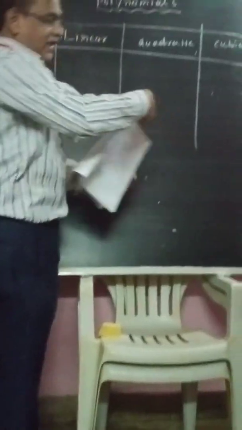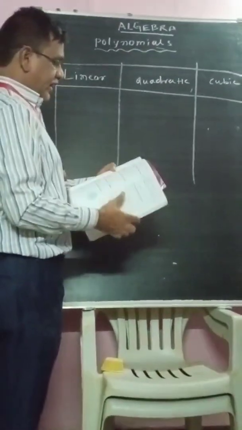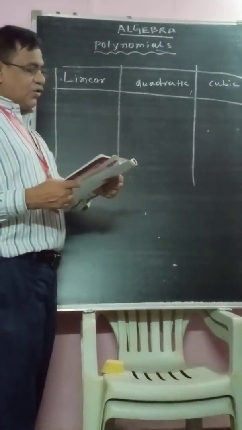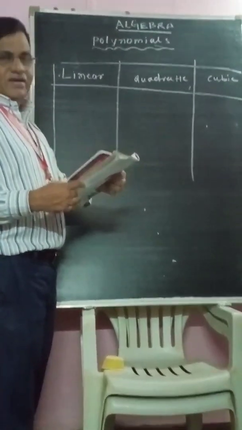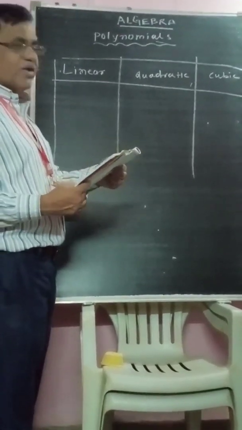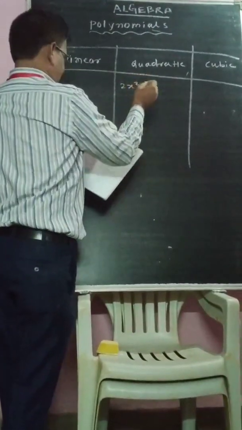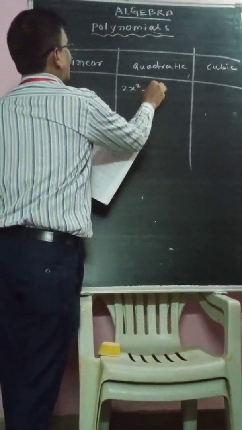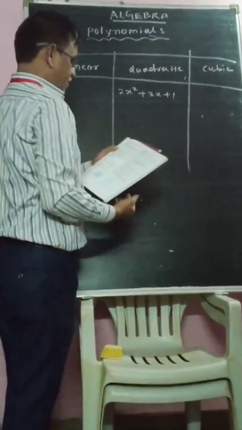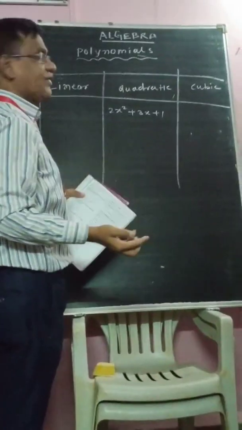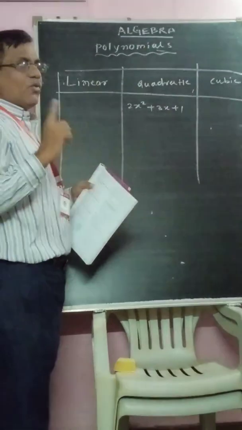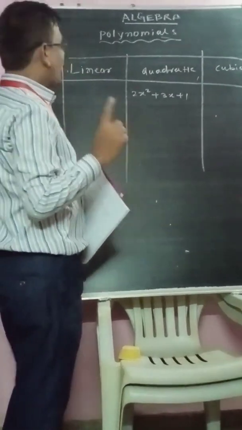The given polynomials are, the first polynomial I will read here, 2x square plus 3x plus 1. In this polynomial the highest power is 2, means it is quadratic. So you can write here 2x square plus 3x plus 1. This is a quadratic polynomial. Now second is 5p. What is 5p? P only means power 1.